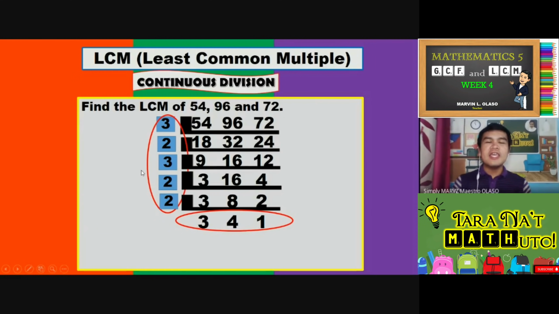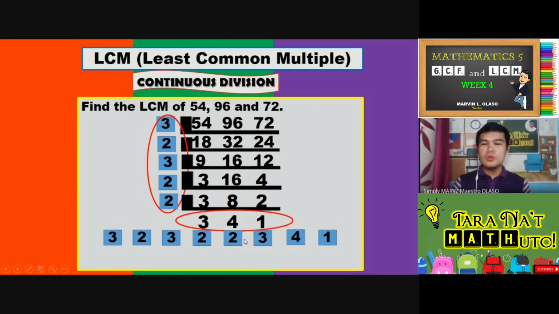Then, ilista na natin lahat ng mga numbers, common factors, at saka yung mga numbers at the bottom. So, we have 3, 2, 3, 2, 2, 3, 4, or 1. Yung 1, pwede mong ilagay, or hindi. Okay lang yon, kasi kapag nag-multiply naman tayo ng 1, same answer.